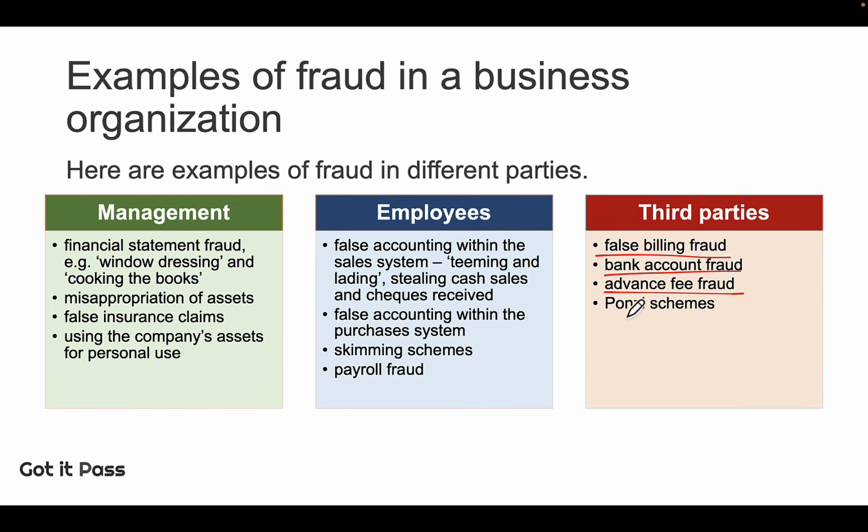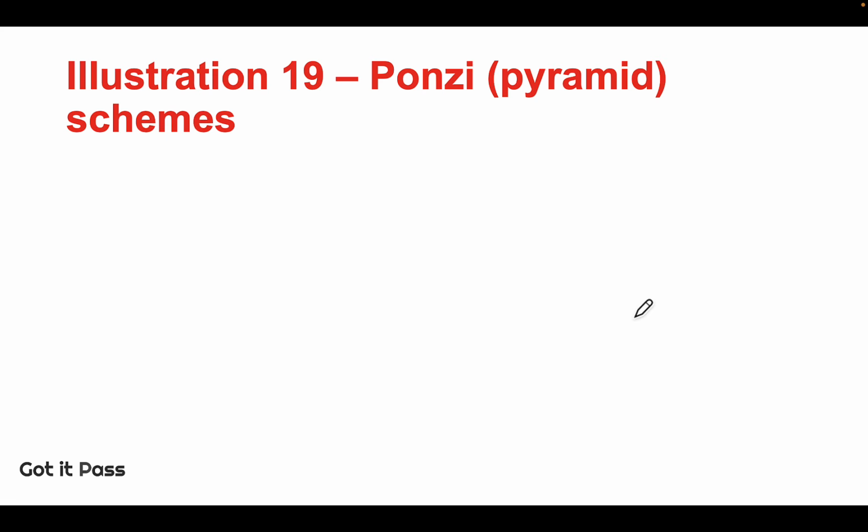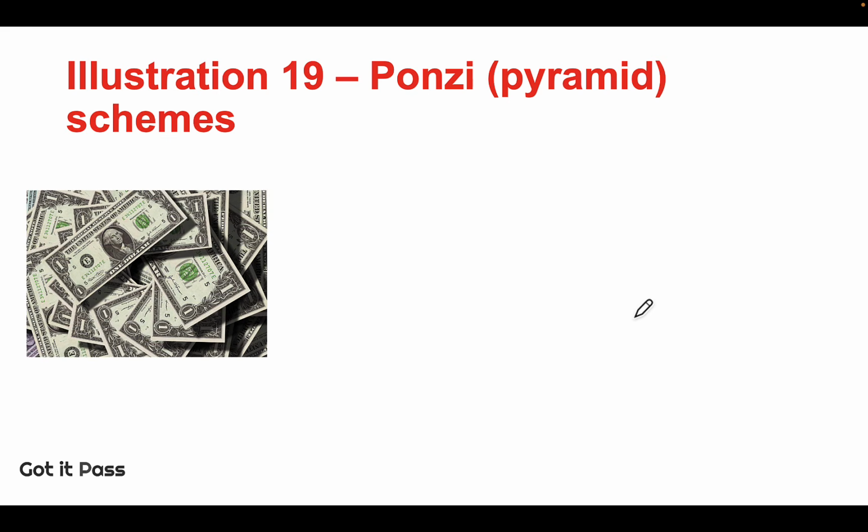And the last fraud here is about Ponzi schemes. I will explain a bit more in the following illustration. So what is a Ponzi scheme? A Ponzi scheme is a fraudulent investment offer that involves paying abnormally high returns to early investors out of the new money paid in by subsequent investors, rather than from any underlying business.